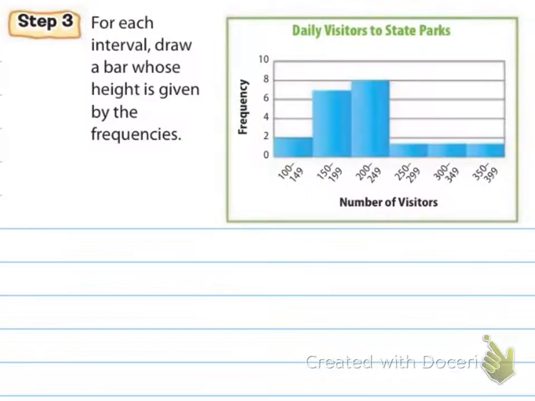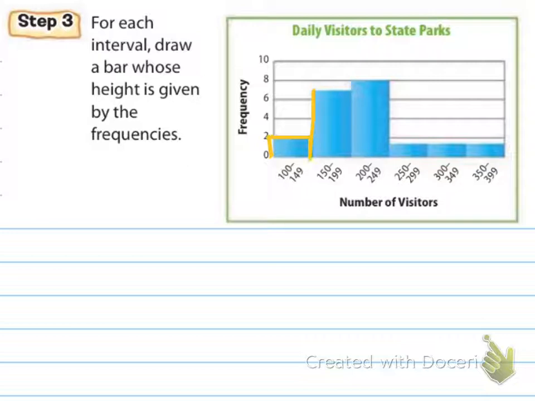Next, for each interval, we draw a bar whose height is given by the frequencies. If there were 2 days where 100 to 149 visitors visited the state park, then we go up to 2.